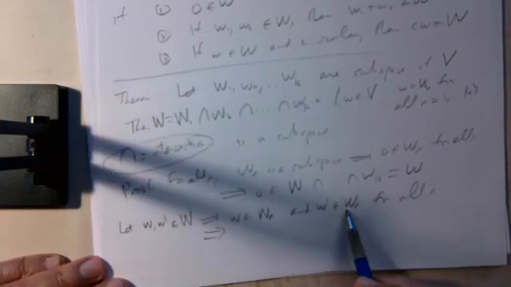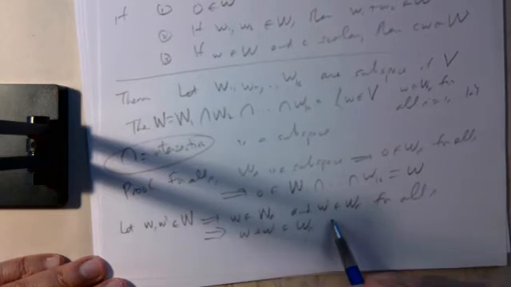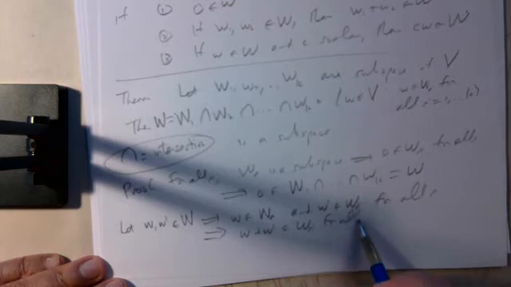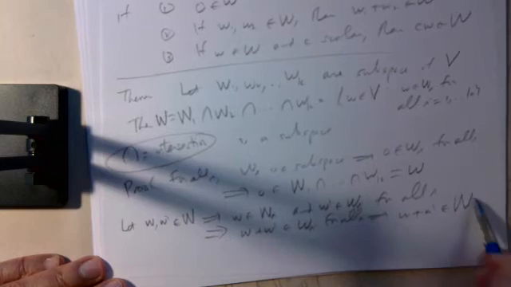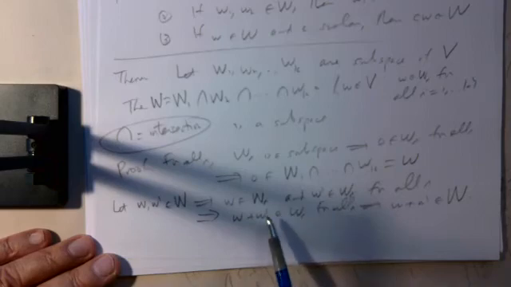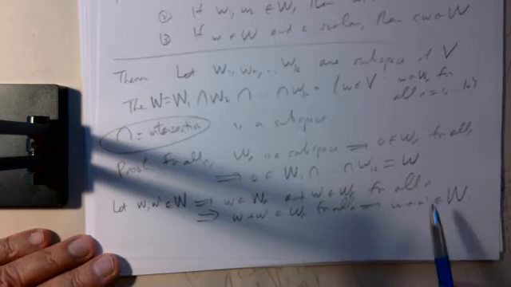But if these are both in Wi and Wi is a subspace, W plus W prime is in W sub i for all i, which means W plus W prime is in the intersection W. So this is a one-line, two-line proof that this intersection of subspaces is closed under vector addition.